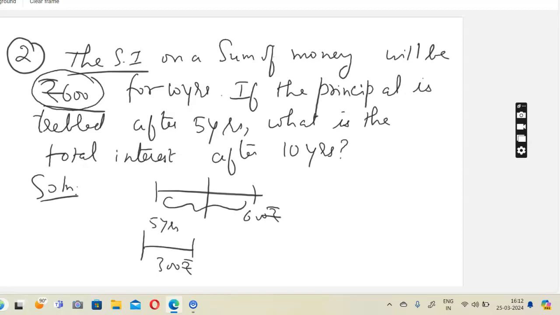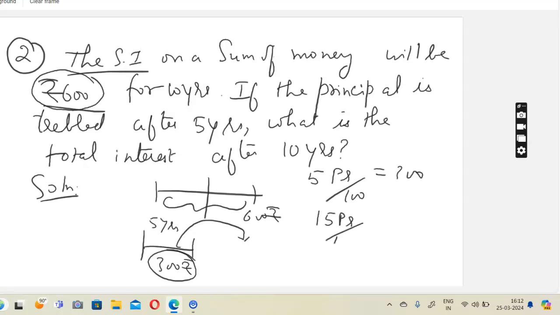Since the principal is tripled, the interest will also be tripled. So how will we express this one? 5PR by 100 is 300. So 15PR by 100, because the principal is getting tripled.